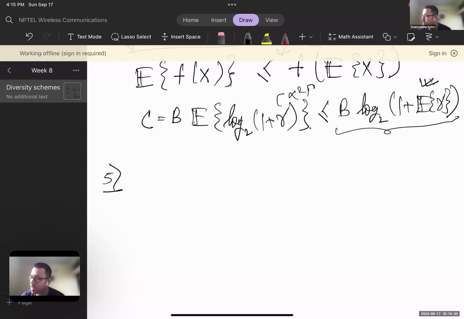BER depends on various things. It depends on the kind of modulation you are using. It depends on the kind of fading that is there in the channel. It also depends on the number of antennas and the combining schemes used.